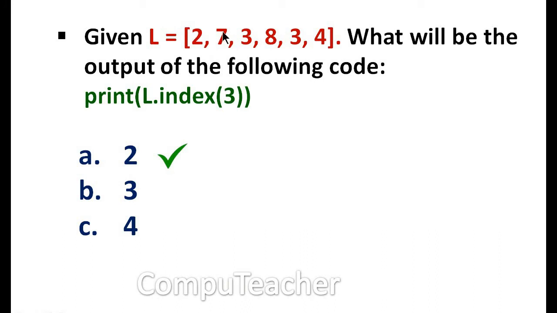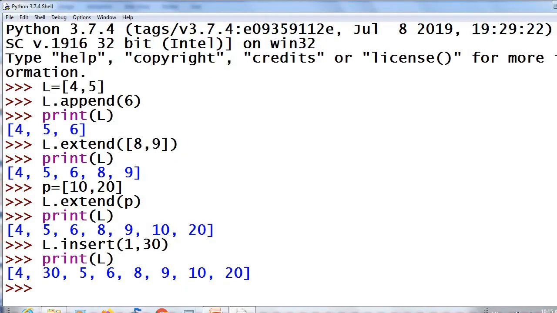At index 2. And this value 3 is there again at index 4. But the index function will return the index of the first occurrence of the value in a list. So it returned 2. L dot index(5). Index of 5 is 2.